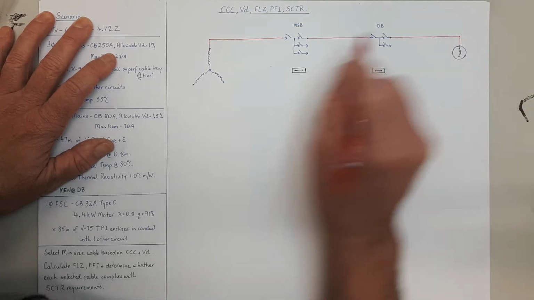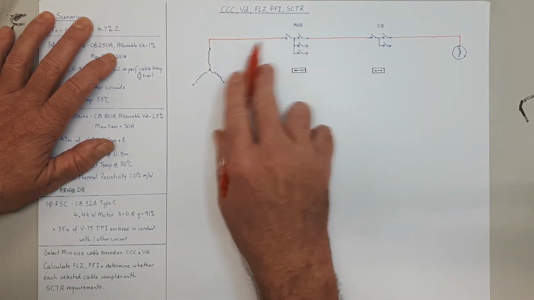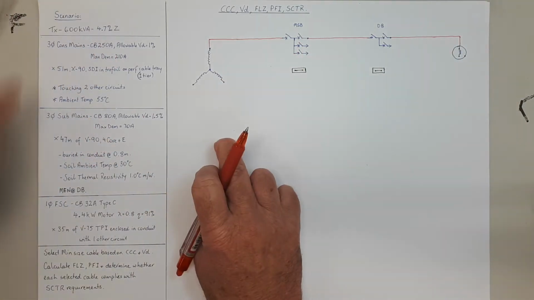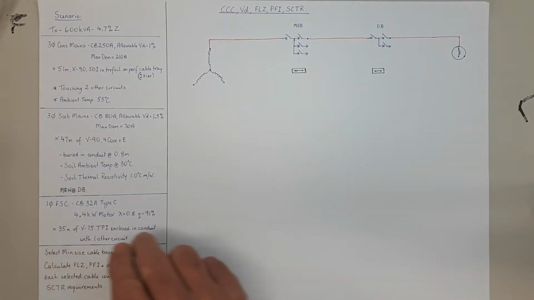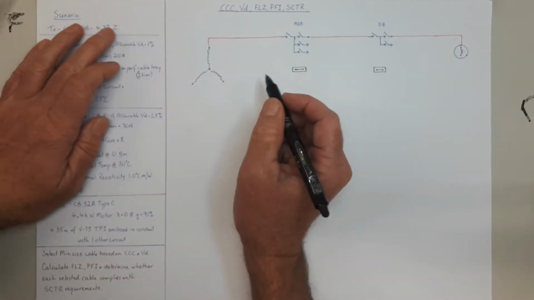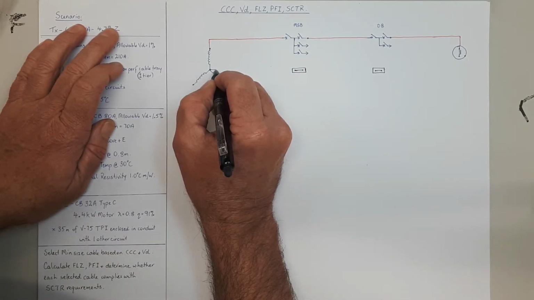Now, of course, these sets of cables are all three-phase, as you can see there, and the final sub circuit is single phase. That just throws a little bit of a different loop, which is useful to consider.